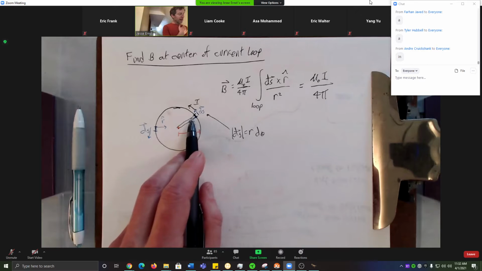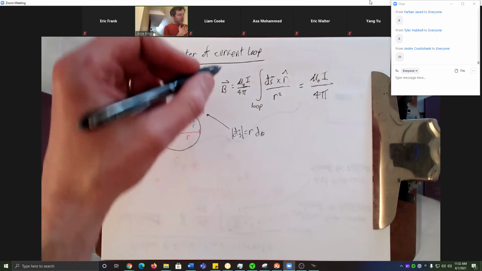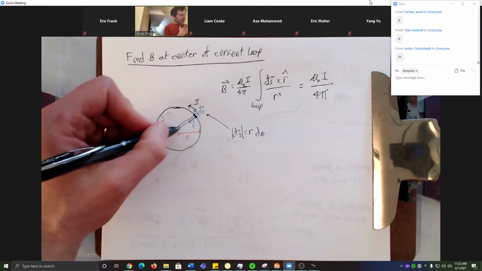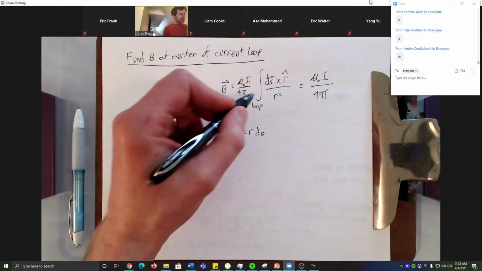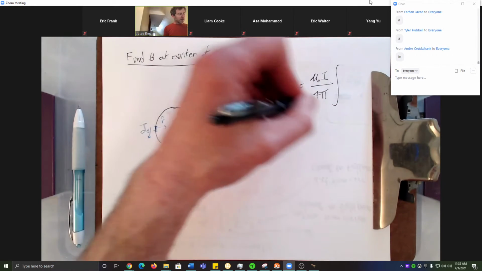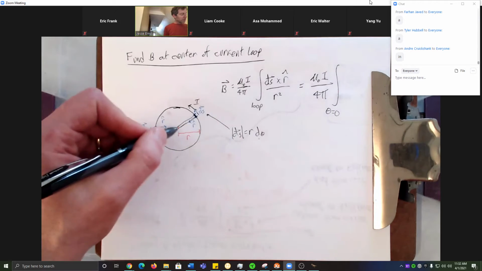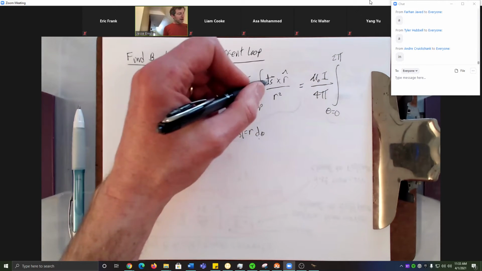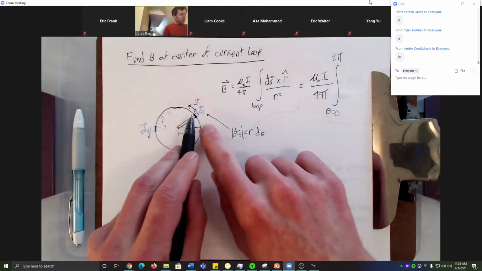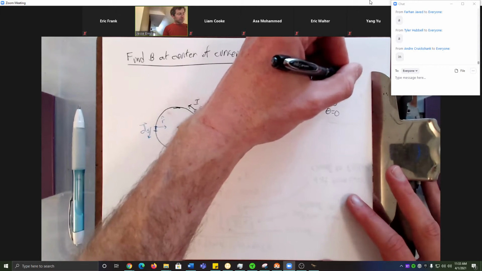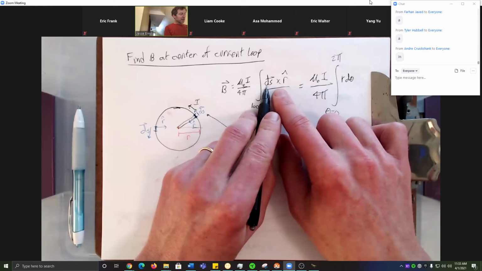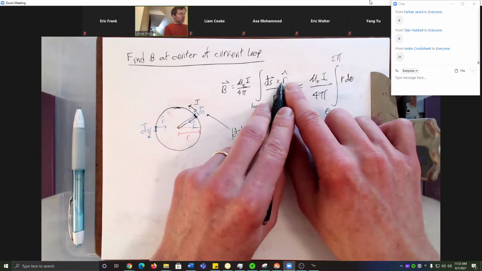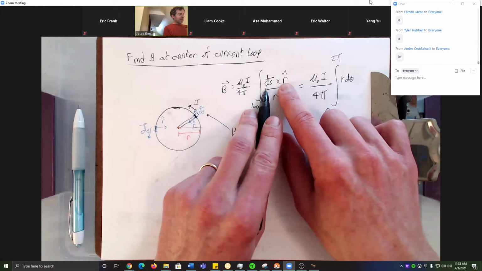Right, so integrating around this loop, we're going to go in little steps of angle d theta. So this will be the integral from theta equals 0, we'll start here, around to 2 pi of ds vector, which is r d theta, that's a magnitude of ds vector, times the magnitude of r hat, which is 1, times sine of the angle between them.